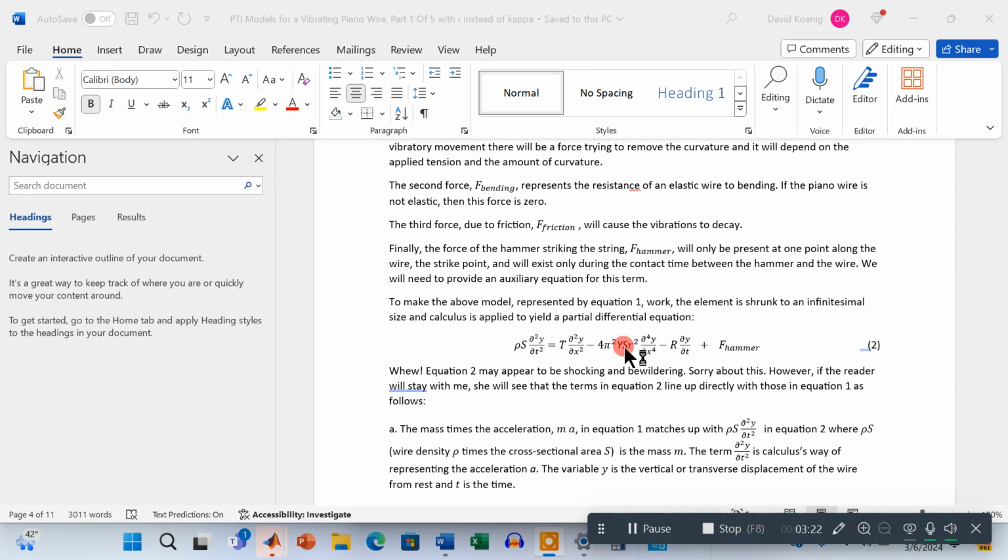S is the cross-sectional area again, and R is a term giving a radius of gyration, R squared, and it's all times the fourth partial of the vertical displacement, y, with respect to distance. And there's another term here, which is the friction term. It's capital R, which is a constant, times the partial of the vertical displacement y with respect to time. And then the final term is the force exchanged between the wire and the hammer, which we'll talk about in a minute.